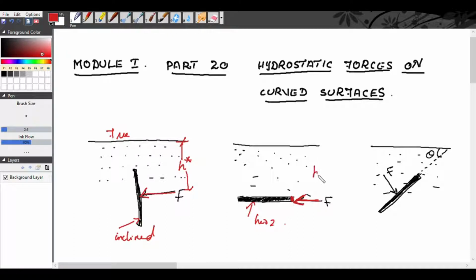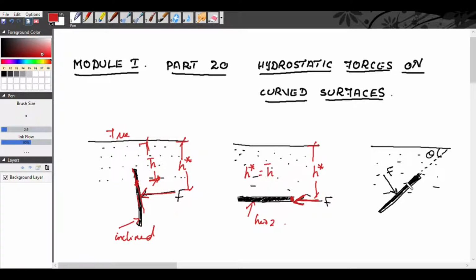So again, your distance of center of pressure will be equal to h star. For this case, our h bar, that is the distance of the center of gravity of this vertical surface, will be h bar, and this h star will lie below h bar. And in this case, for the horizontal surface, h star will be equal to h bar.